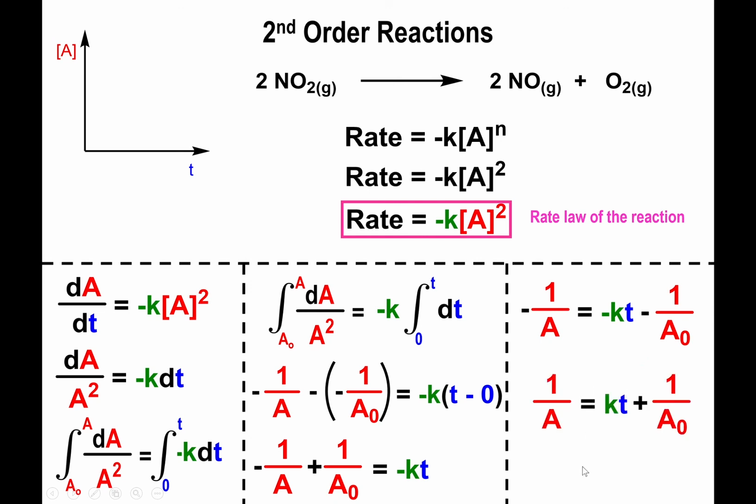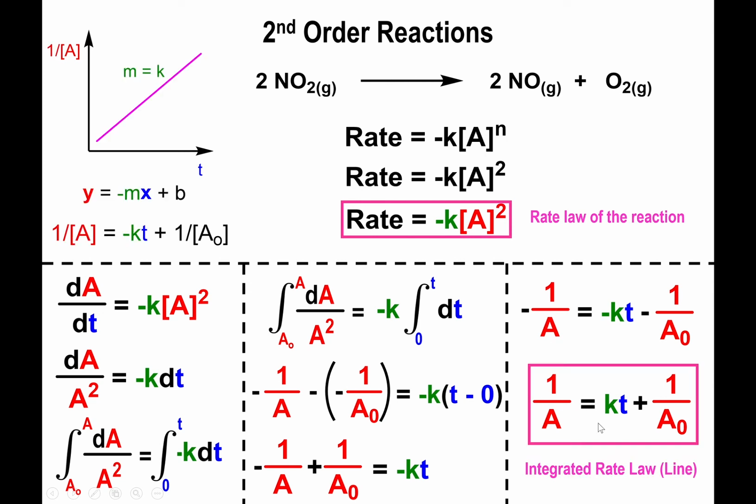And so now we have a relationship for which 1 over the concentration versus time gives you a linear plot, a plot that actually has a positive slope. So if 1 over concentration versus time provides you with the graph with the best line, that tells you that the reaction is second order.